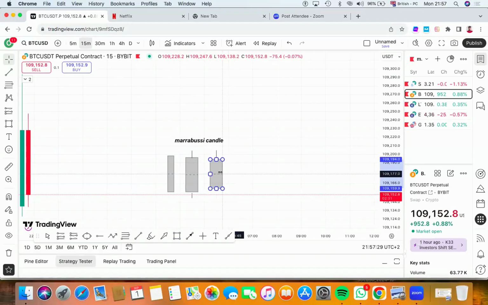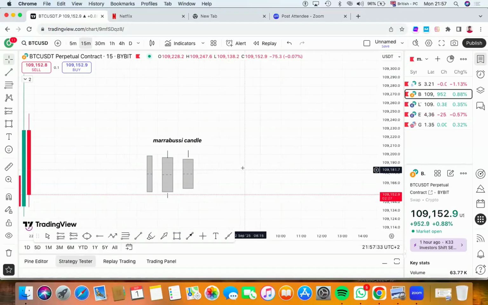So what we are trying to achieve with this Marabozu candle is that when you want to spot your fair value gap or your imbalance, what you are looking for is when smart money joins the market, when the institutions, the hedge funds and all of it, join the market, they tend to push the market really high.